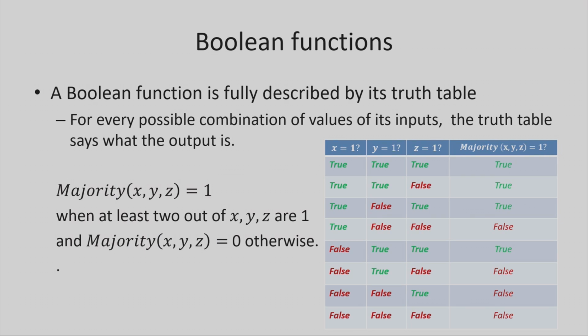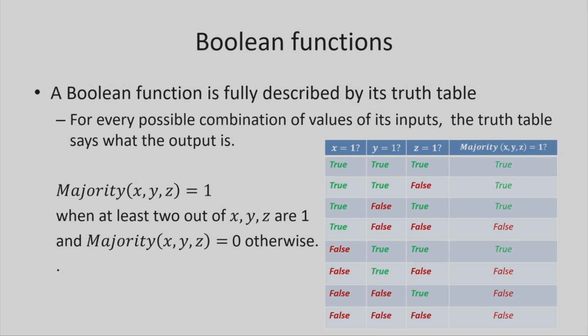It's exactly the same as giving you this truth table, and for each variable you could ask, is this variable a 1? Is it true or false? And you could say whether majority of x, y, z is equal to 1. Is it true or false?